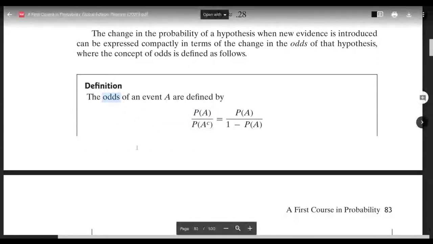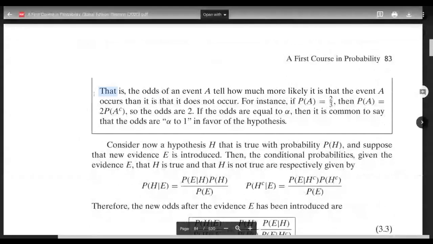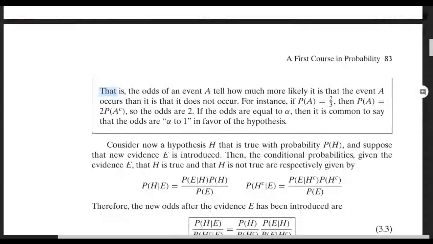The odds is the ratio of the probability of an event to the probability of its complement, P of A divided by 1 minus P of A. The odds of an event A tells how much more likely it is that A occurs than that it does not occur, because it's a ratio of those two.